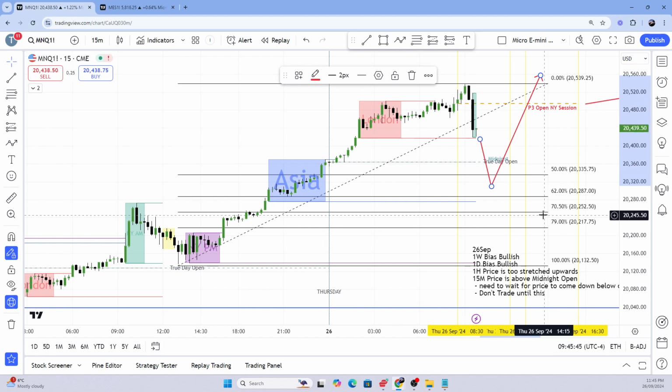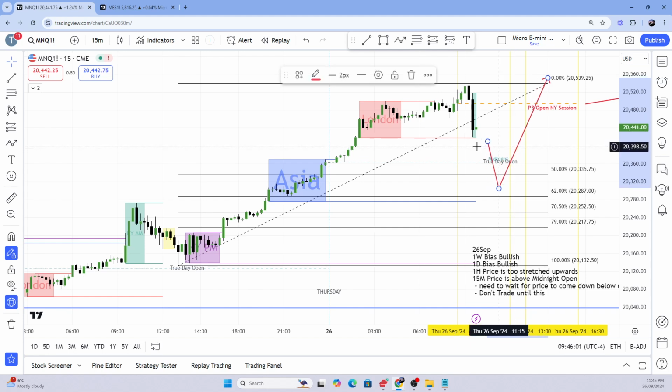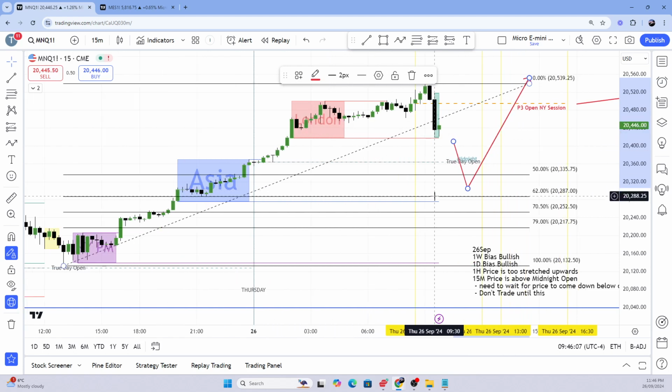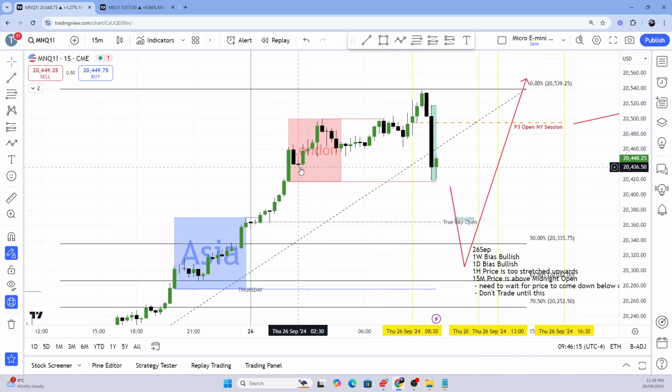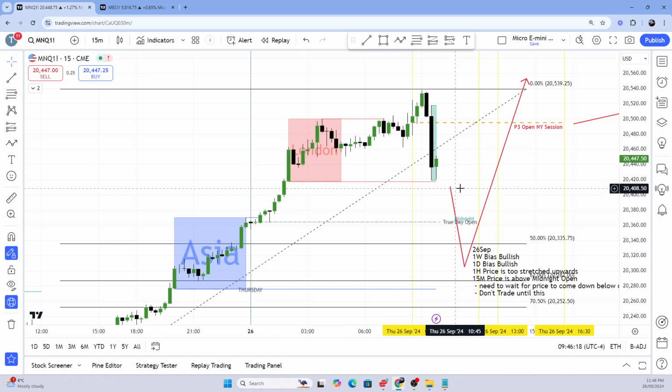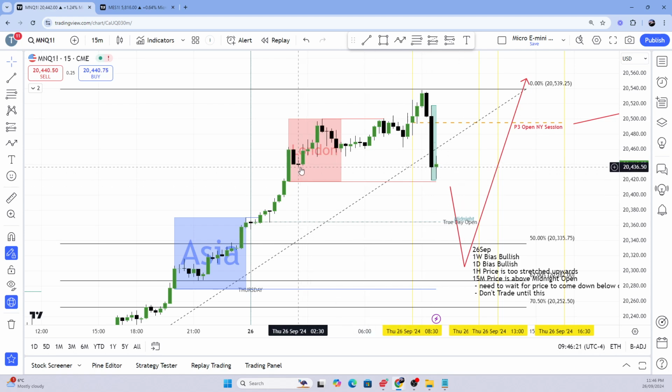So at the moment, ideally we are waiting for this type of entry, so you can enter over here. If not, let's see if price sweeps the liquidity. You can see at the moment the price swept some liquidity of this London swing low, which formed here in London.